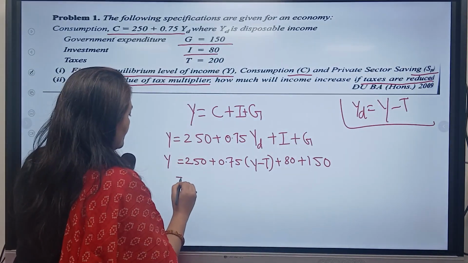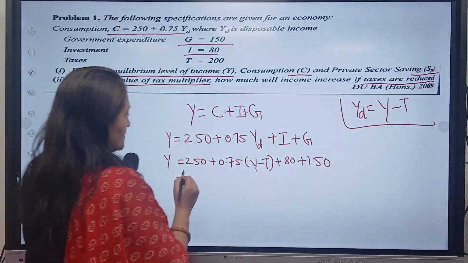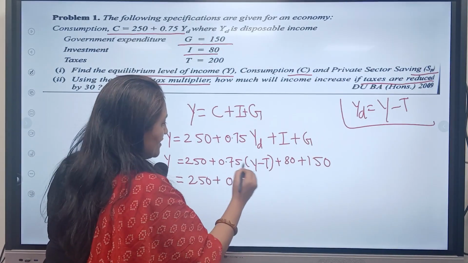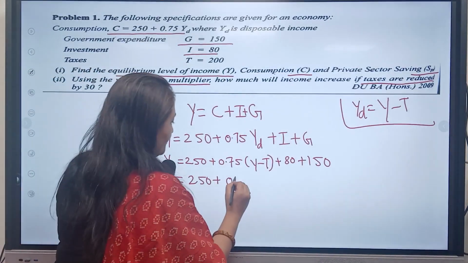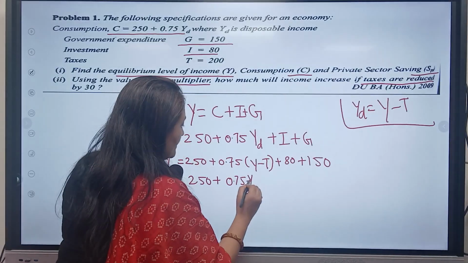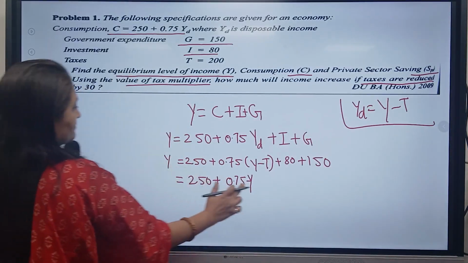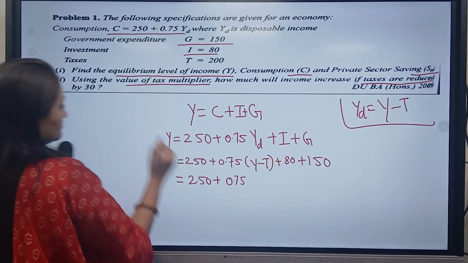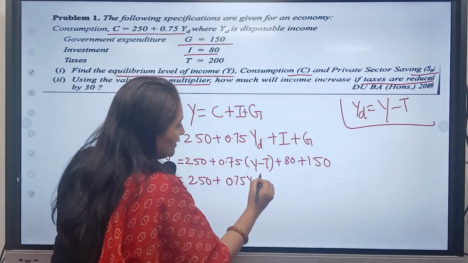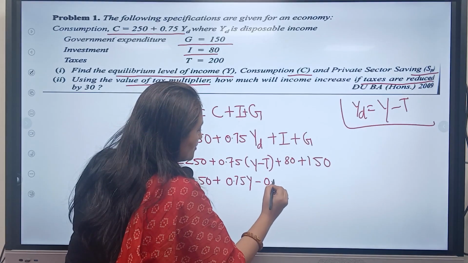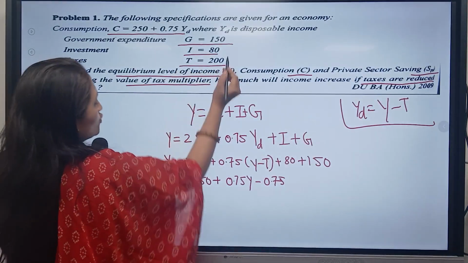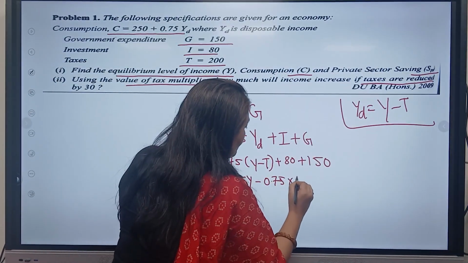So we can solve this: 250 plus 0.75 into Y, minus 0.75 into T. The T value is given to us as 200, so let's put this value here.